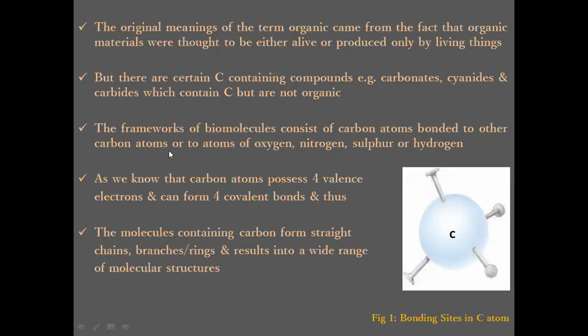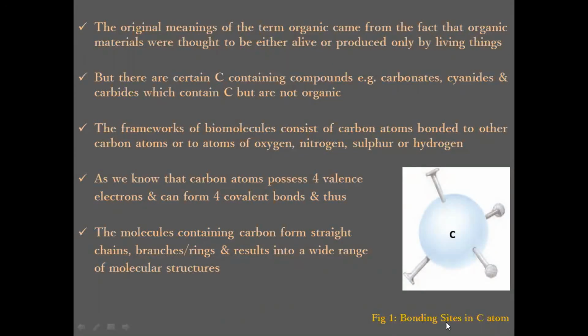As we know, the carbon atom possesses four valence electrons and can form four covalent bonds, and thus molecules containing carbon form straight chains, branches, and rings, resulting in a wide range of molecular structures.